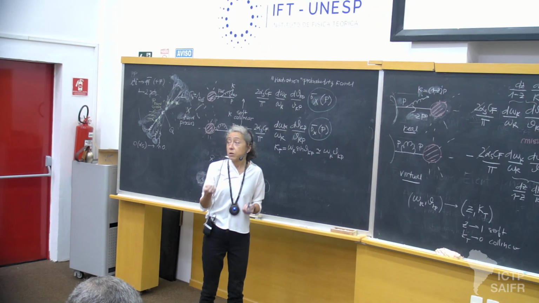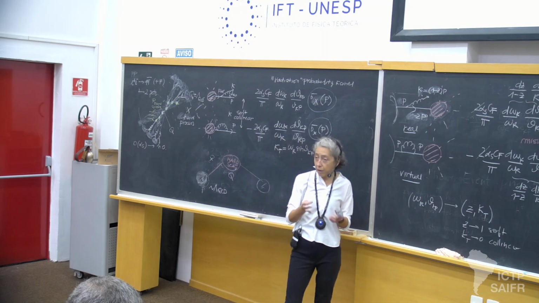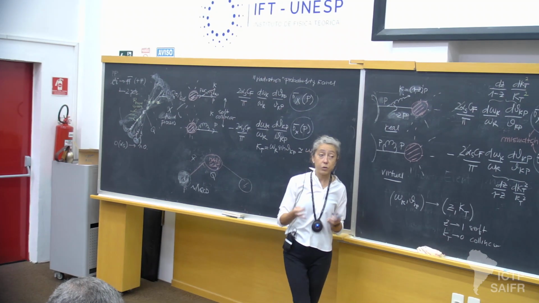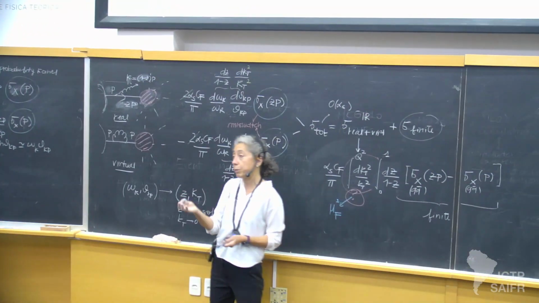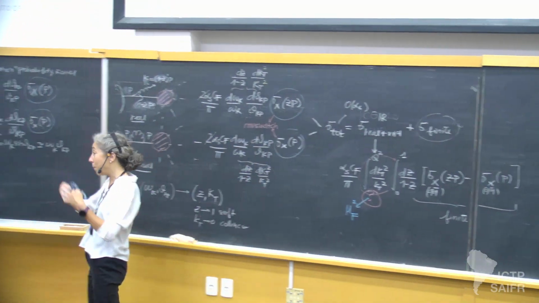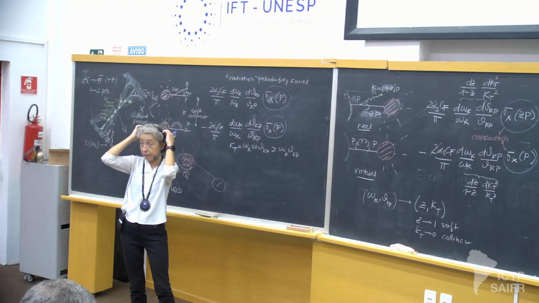No, because you're going to a regime where whatever you're using is not the right thing. You're going to the regime of the parton coming out of a proton, the regime of the parton bound into the proton, in which you should not be using perturbative QCD, right?